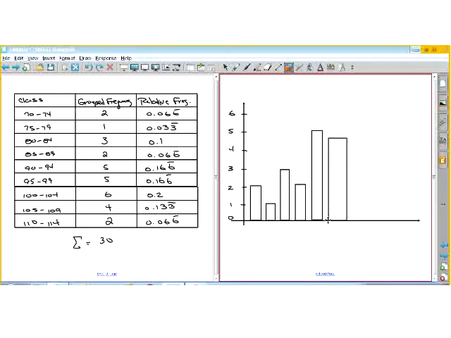The next one is also 5. The next one is going to be 6. Next one's 4. And the last one is 2.